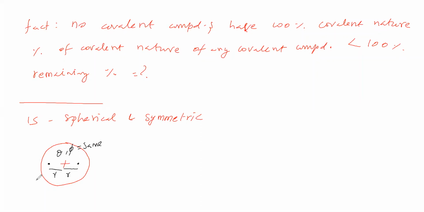Theta value is the same for both points, phi value is the same for both points. For this point psi square and for this point psi square will be the same. Therefore, we say symmetric. Psi square remains the same at the same radial distance in whatever direction. Therefore, we can call this symmetric. Therefore, the 1s orbital is spherical and symmetric.